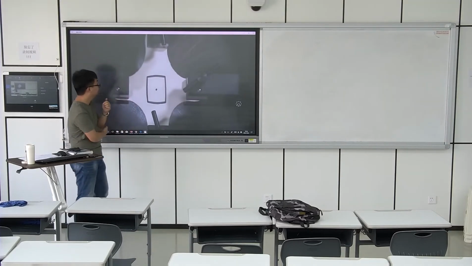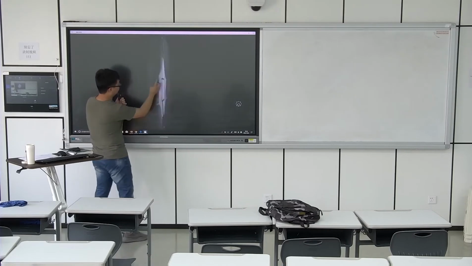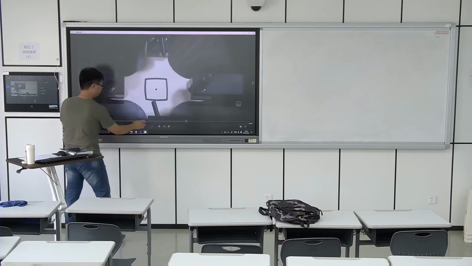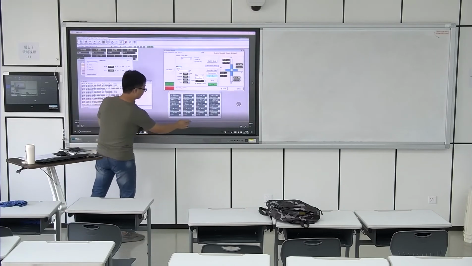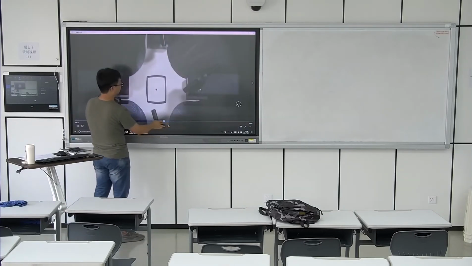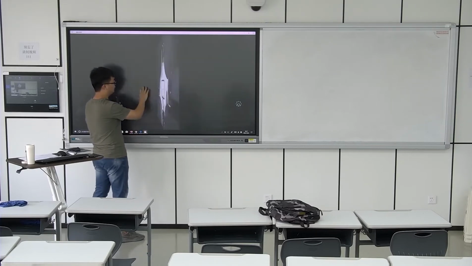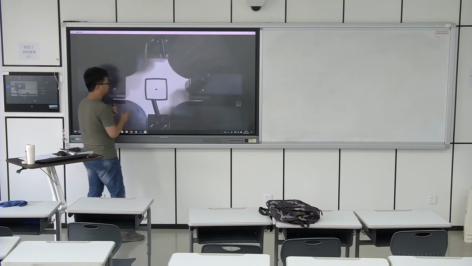Yeah, they give this compression. This direction is the tension. In the tension, it will be larger, and in compression, it will be smaller.